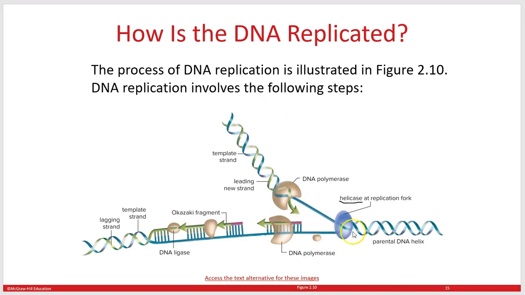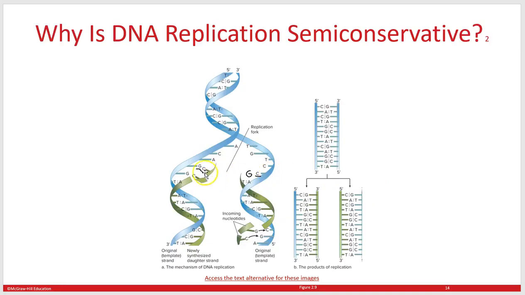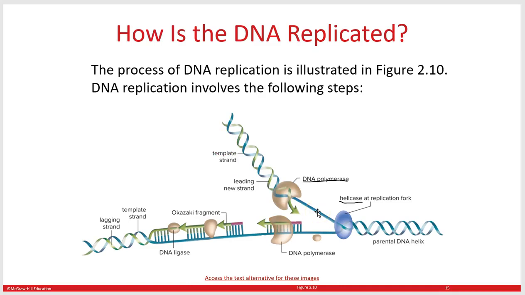So we see part of the parental strand going this way and part of the parental strand going this way. Another important player is this thing called DNA polymerase. What DNA polymerase does is it recognizes unpaired nucleotides, like here. These are unpaired, and it pairs them up.